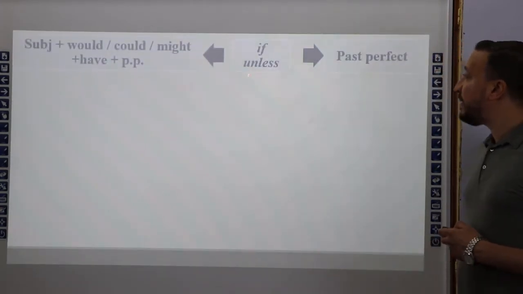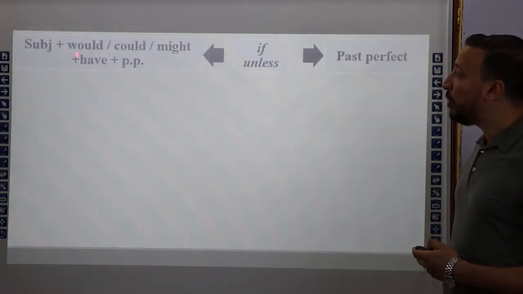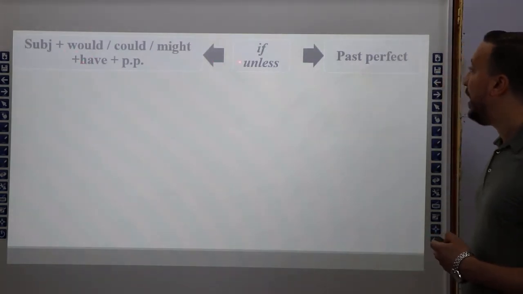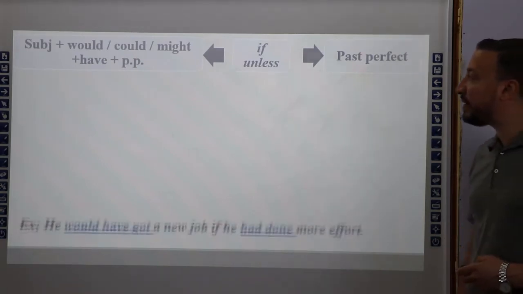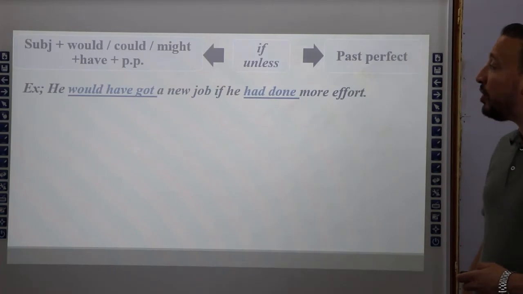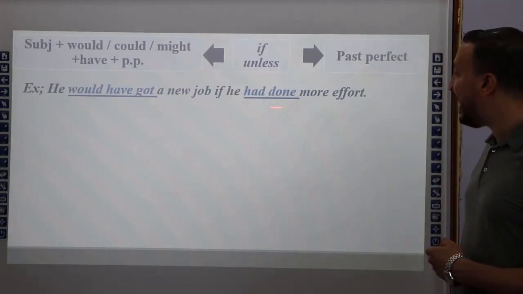If or unless in the middle of two sentences, preceded by would have plus past participle and followed by the past perfect. Like he would have got a new job if he had done more effort. Had done.